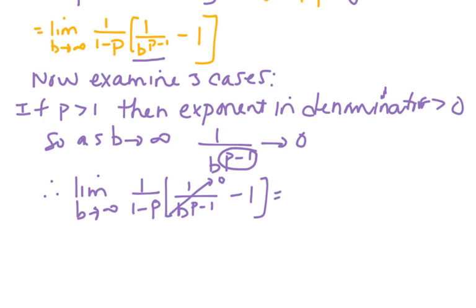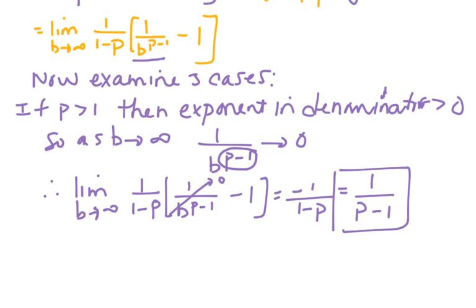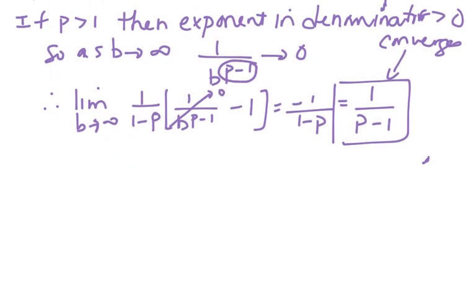So the answer here is minus 1 over 1 minus p, which is the equivalent of 1 over p minus 1. So it converges to this, which is what I gave you a few minutes ago when I laid out the 3 cases. So that's the case where p is greater than 1. Well, what happens with p less than 1 and equal to 1?